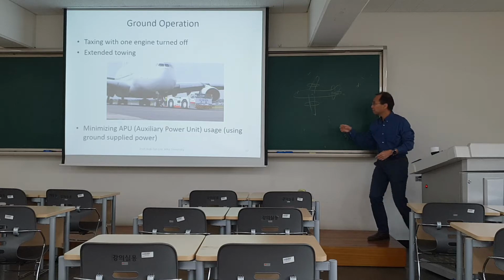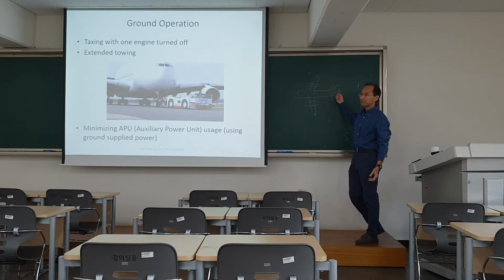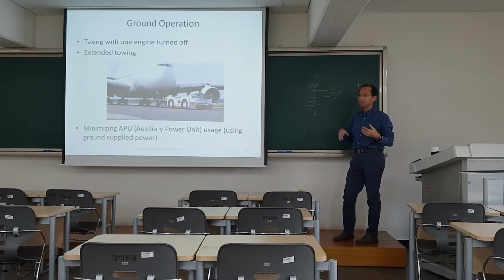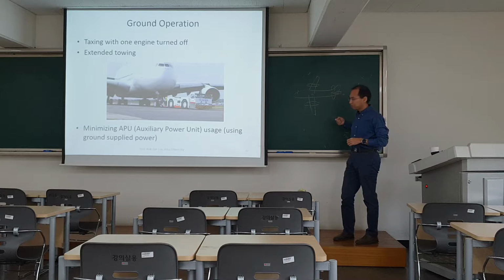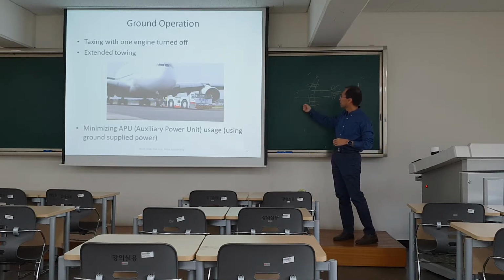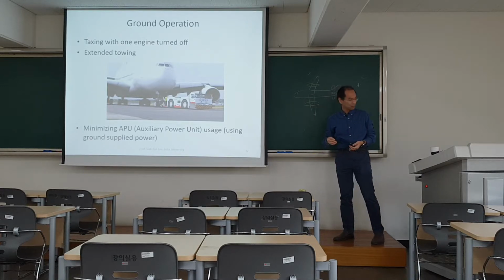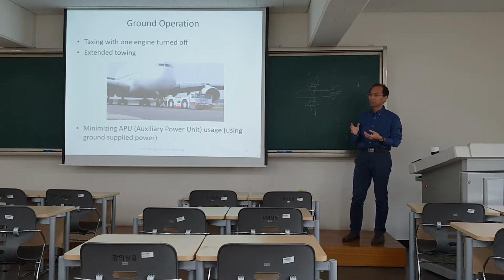So instead of powering the airplane using the APU at the gate, these days they have a power plug and a very thick power line. The crew comes in and plugs into the airplane and uses the power supplied from the airport.